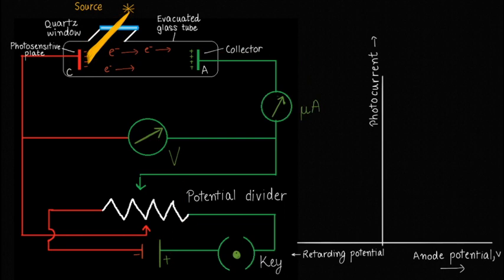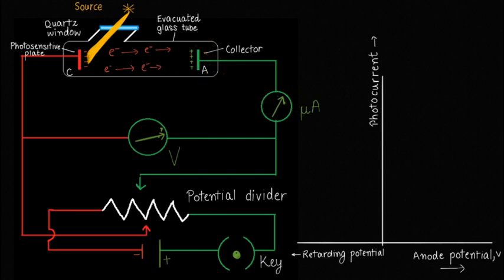If you increase the voltage, more potential will be applied here, which applies more electric field towards this positive direction, so more photoelectrons reach the collector and the photocurrent also increases, right? If I increase the potential further, more and more photoelectrons are detected at this collector, fine.